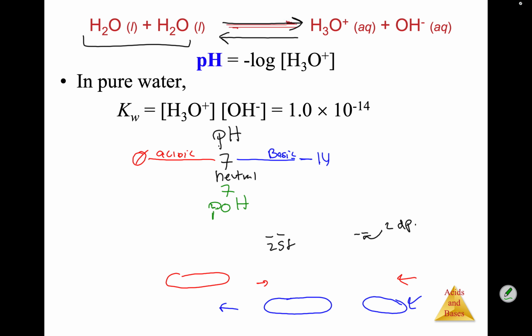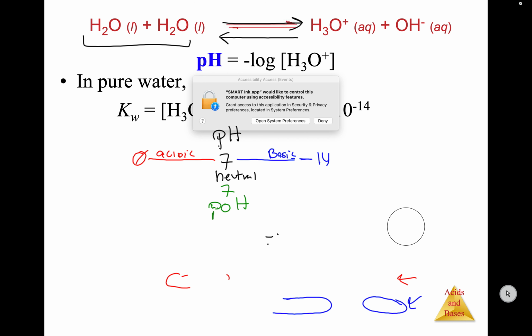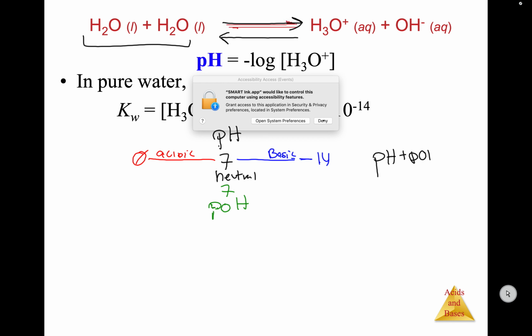And so let's think about the equation. I wrote this on the board a little while ago. pH plus pOH equals 14. So if I'm looking at something easy, if I have a pH of 10, what is my pOH?